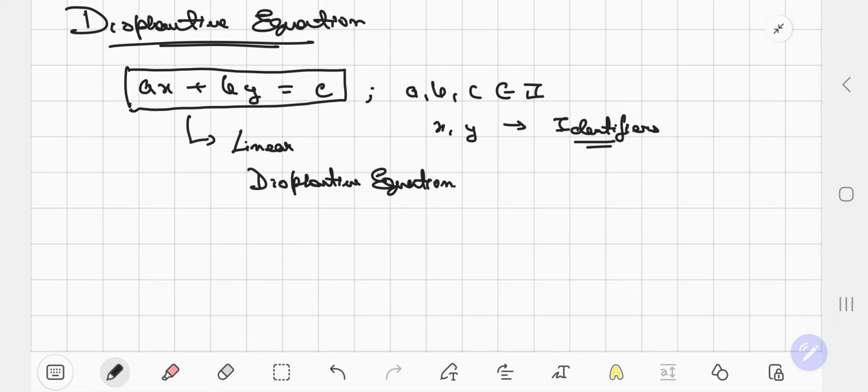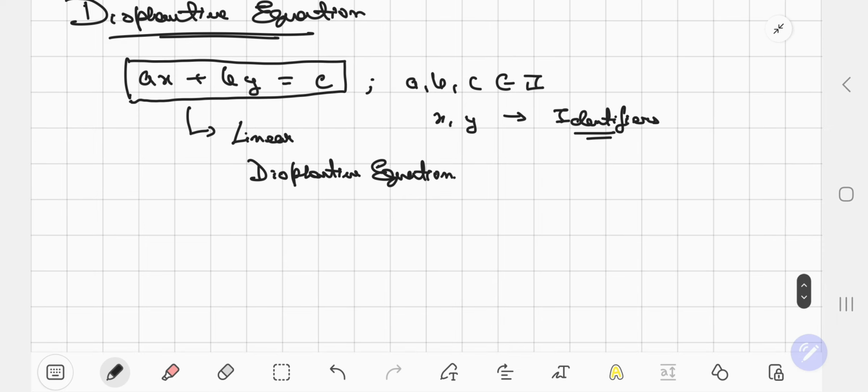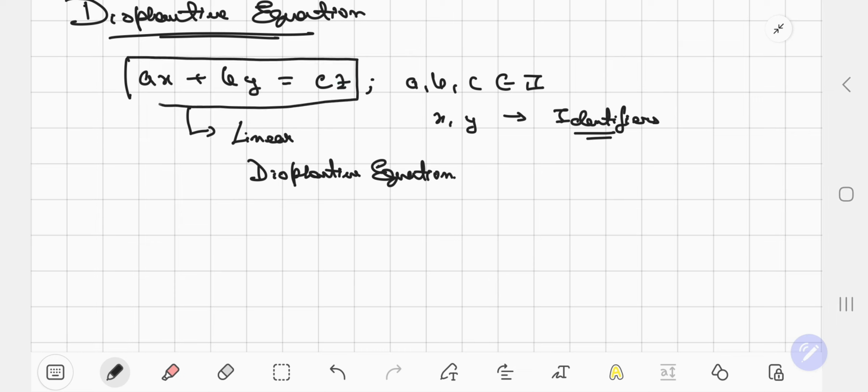On a similar note, you can also write it in this way as well. One form is also ax plus by equals cz. This is also one form. So x, y, z will also be there.